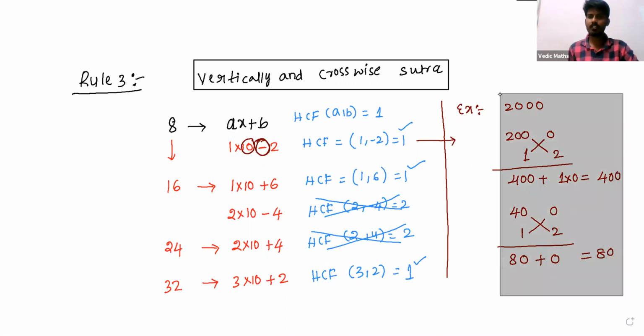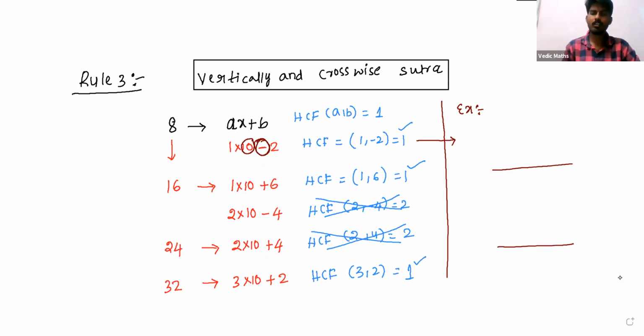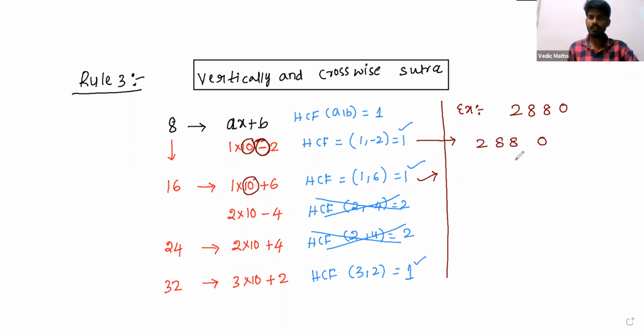Let me take another combination and try to solve the problem. Suppose let me take 2880. So I'm trying this combination here. Again, you can see here we have only 10. So 2, 8, 8, 0 we are taking, and 1, 6 we are writing.